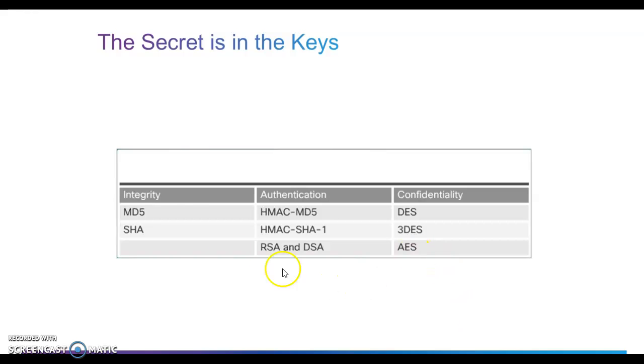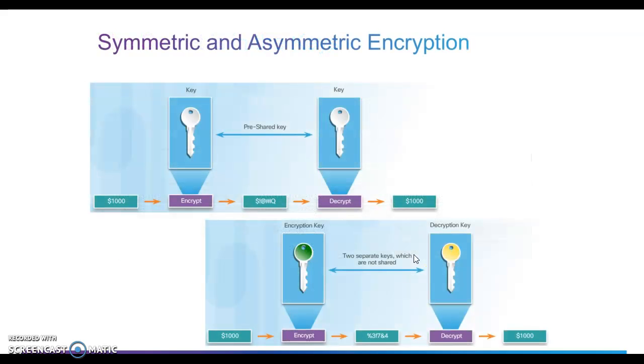All right, so again, just a breakdown. For integrity, we can use MD5 and SHA. For authentication, HMAC combined with MD5, HMAC combined with SHA, RSA and DSA. For confidentiality, we're using DES, not so much anymore, 3DES or AES, the asymmetrical. Okay, so symmetric versus asymmetric.